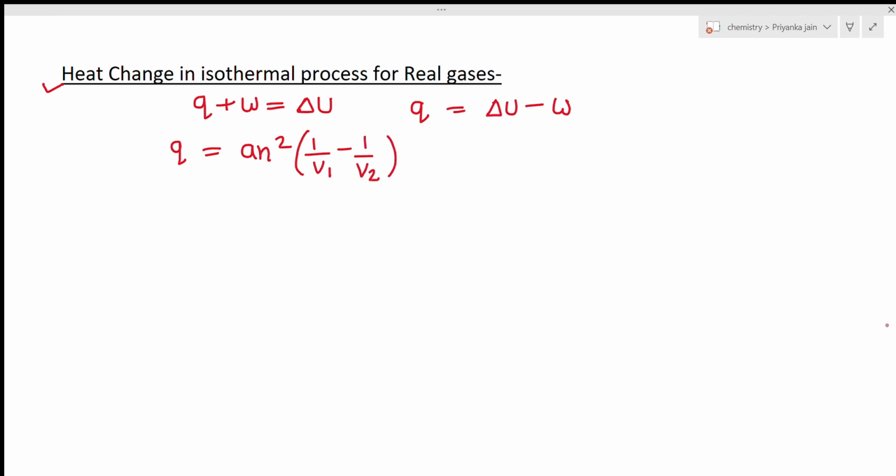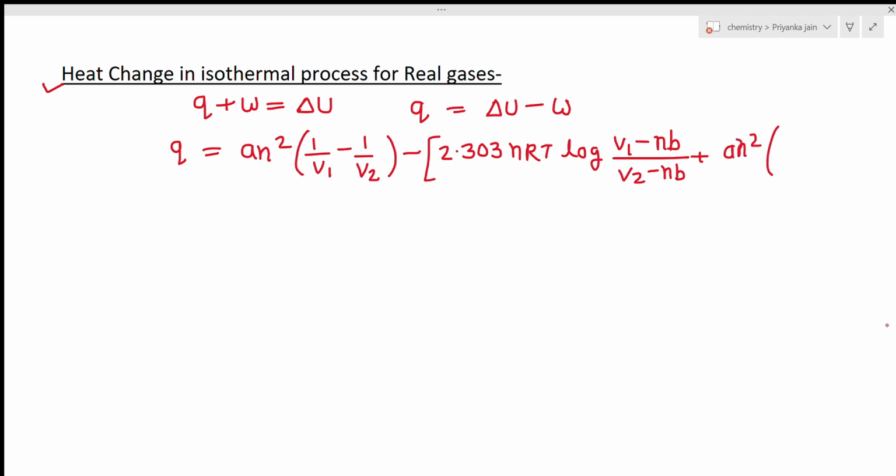Now put the value of W: 2.303 nRT log[(V1 − nb)/(V2 − nb)] + a n² (1/V1 − 1/V2).